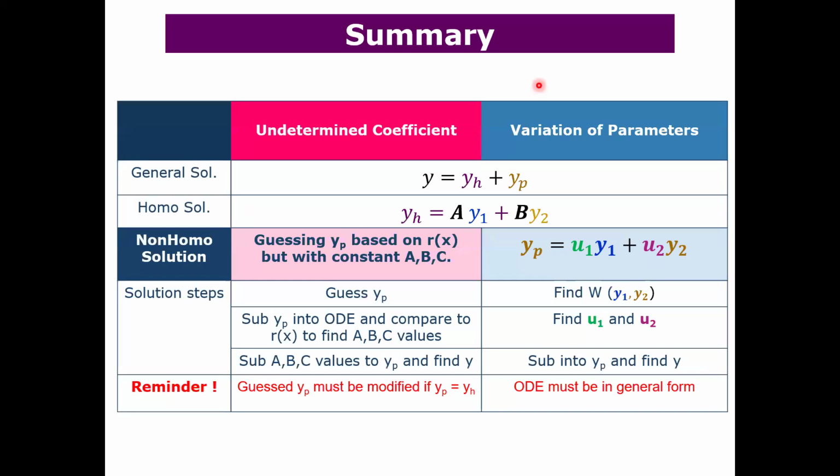So for both methods, the general solution is the same: y equals yh plus yp, where yh is found using the methods that we have covered in lecture 6 and 7. And for yp, we have to use undetermined coefficient or variation of parameters.